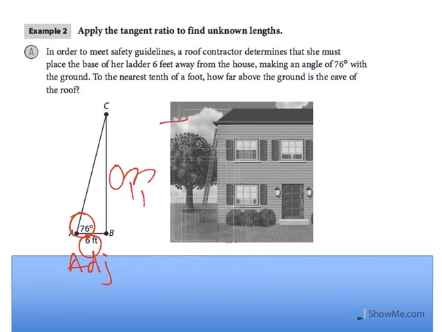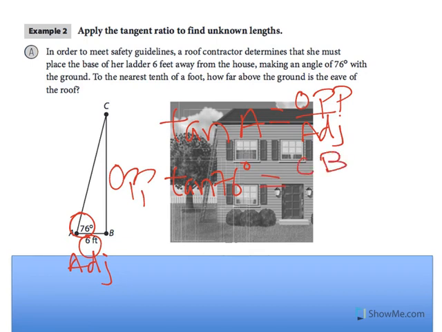So we see that tangent of angle A is equal to opposite over adjacent. So then instead of angle A, we change that to 76 degrees, over opposite, which is the distance from C to B, and adjacent we're given this is 6.